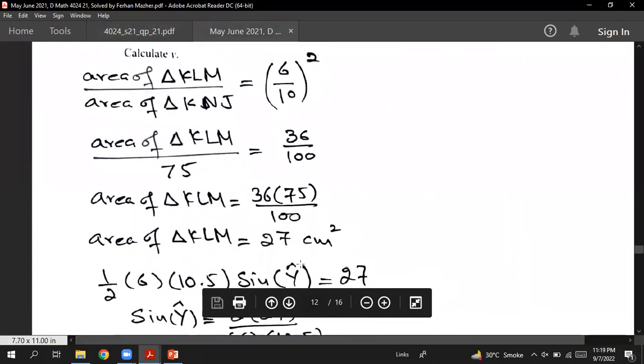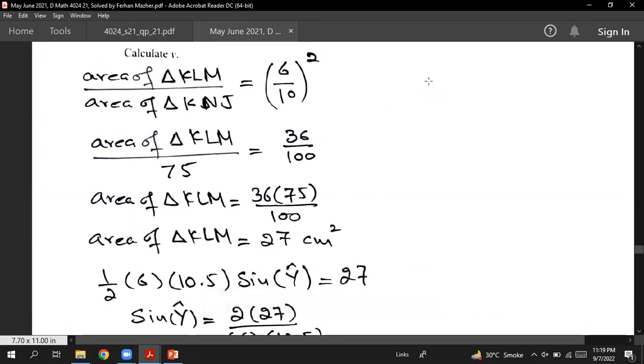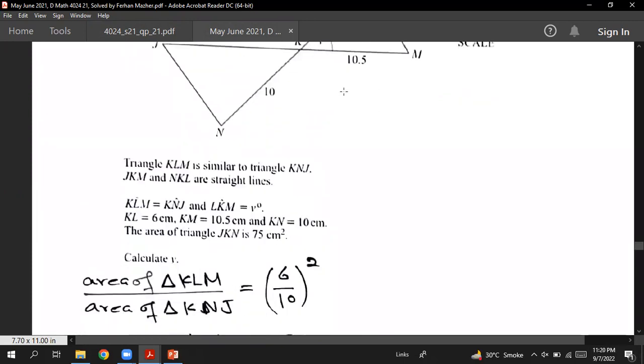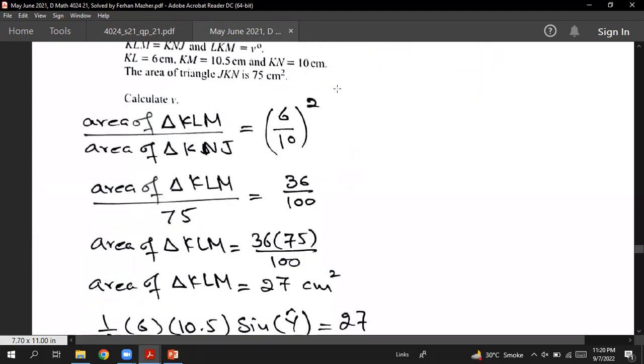First of all, I will take the area of triangle KLM divided by the area of triangle KNJ. I know the side KL is 6 and KN is 10. So the ratio of the areas equals the ratio of the sides squared, so 6 by 10 whole square.